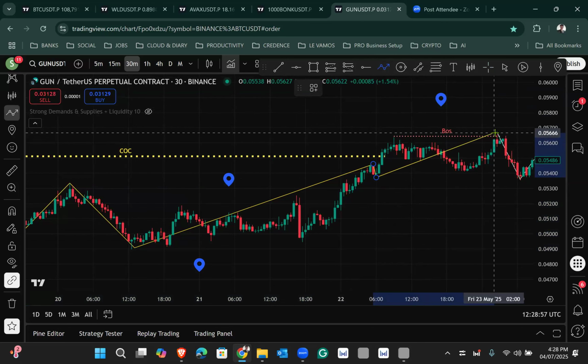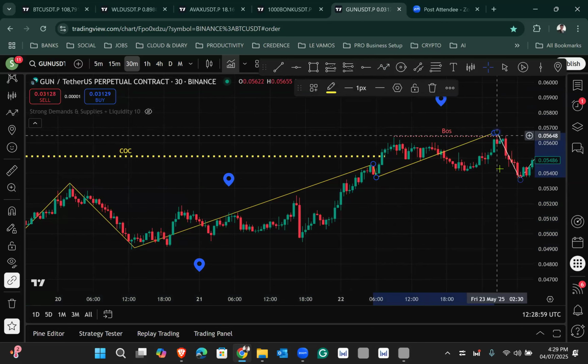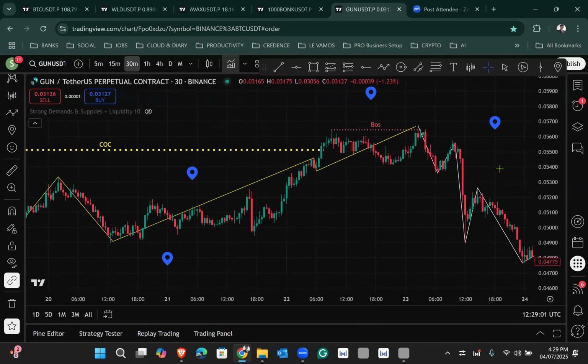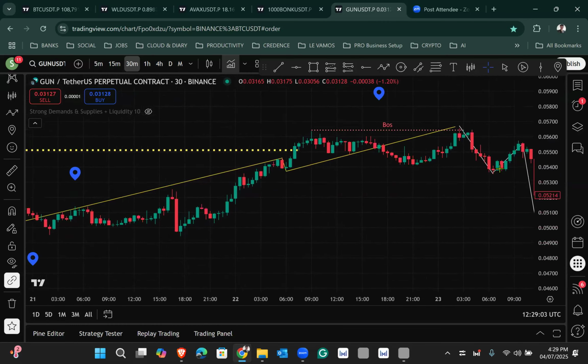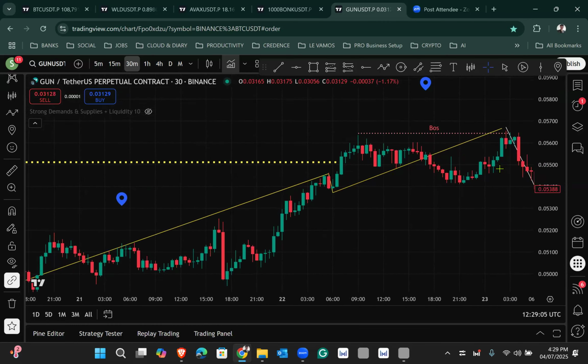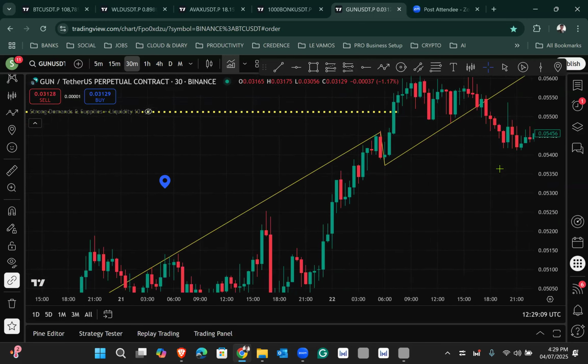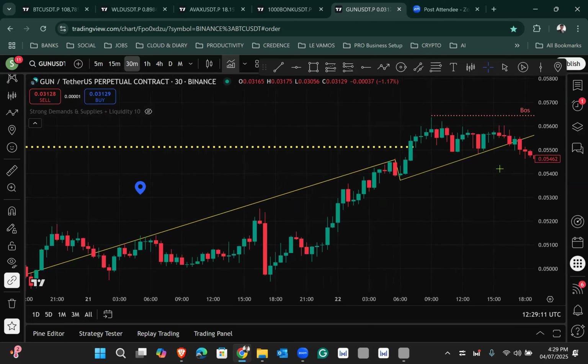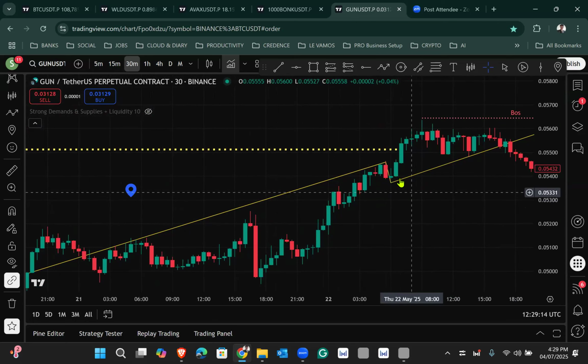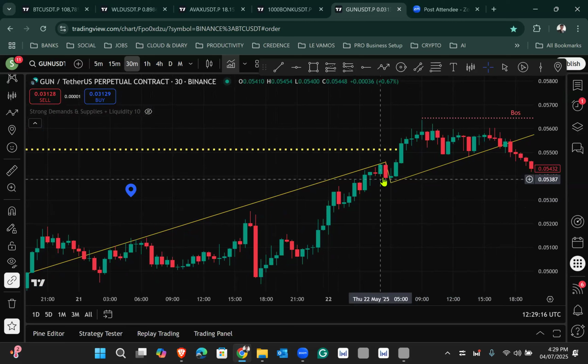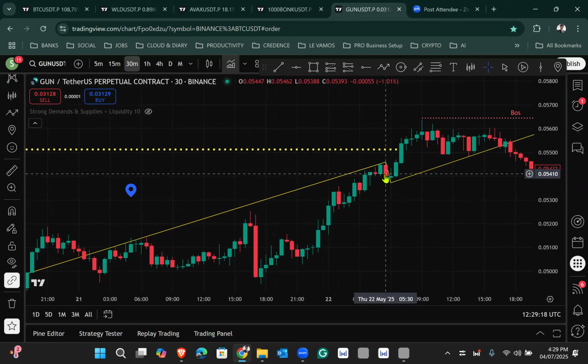This is the point. No, there was a valid pullback there. Or are they the same equal high? This is the close. The low is 5388. Yes. See, it is the same.